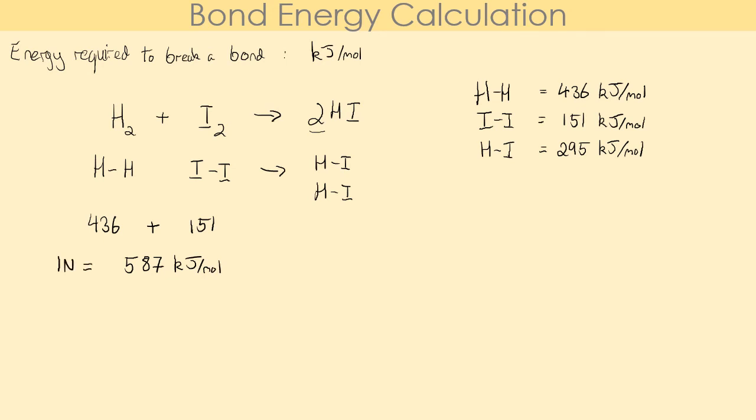Our energy going out is where we are making these bonds. If we're making a bond, we are giving energy out. We have 295 kilojoules per mole for each one of these. Because we're making two of these bonds, that gives us a total of 590 kilojoules per mole.